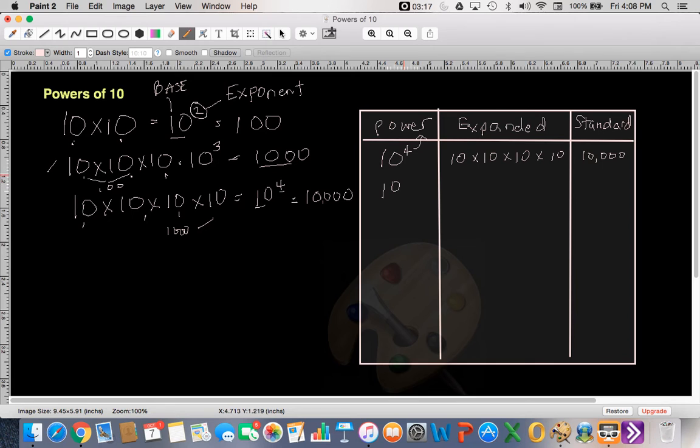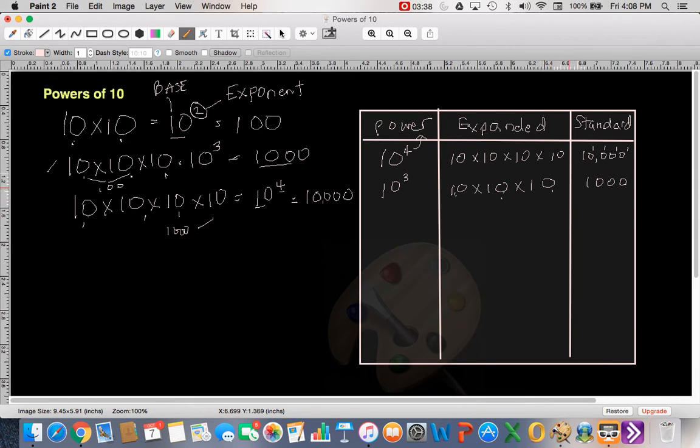Okay? So let's see the patterns. So 10 to the third, you make 3 tens, multiply 10 times 10 times 10, that would be 1000. You see the 4 tens, you see 4 zeros here, 1, 2, 3, 4.